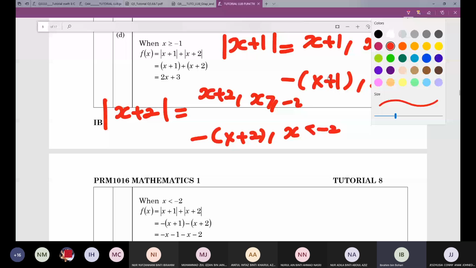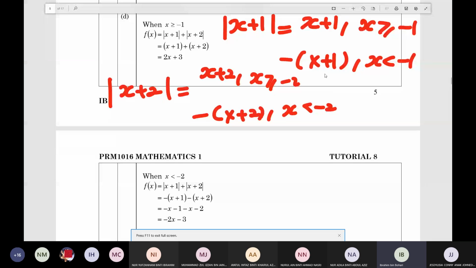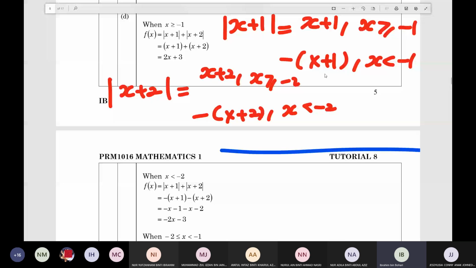Okay, first you check the intervals of the modulus function. Intervals, value of x here equals to the -2 and -1. So from the left here, -2, negative infinity, -2, and here equals to the -1. First intervals, when x here greater than or equals to the -1.